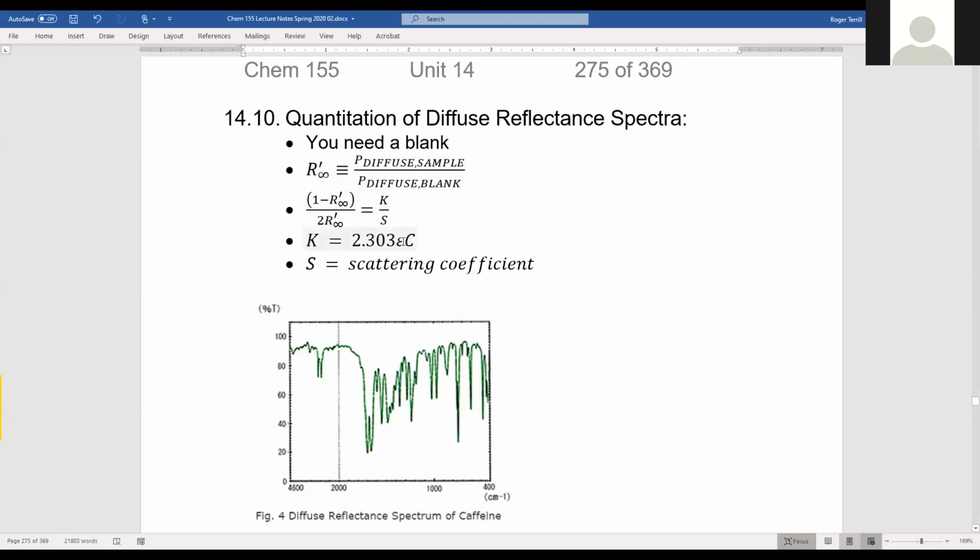And K has this concentration in it. So you can compare standards like this, right? It's basically saying this Kubelka-Munk parameter, this thing here is called the Kubelka-Munk function.